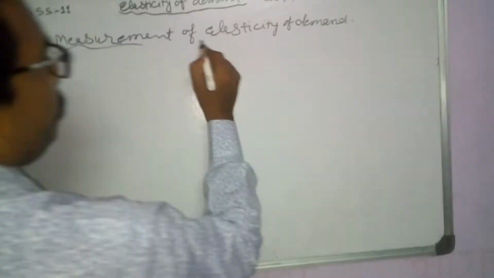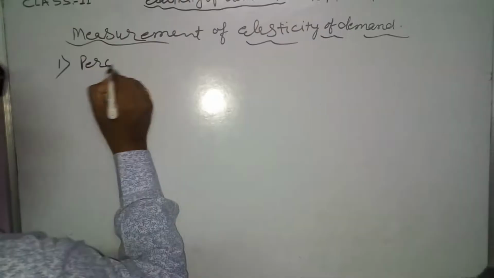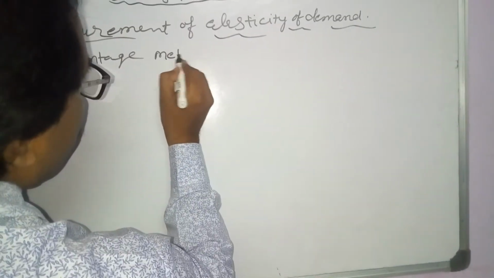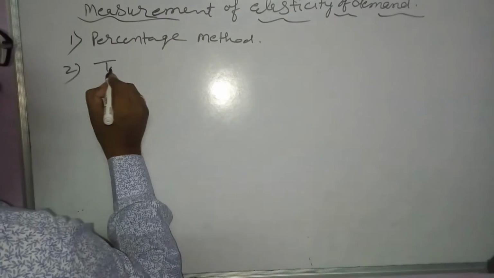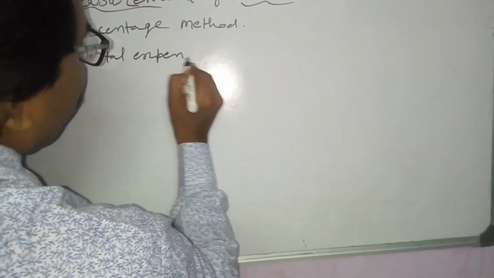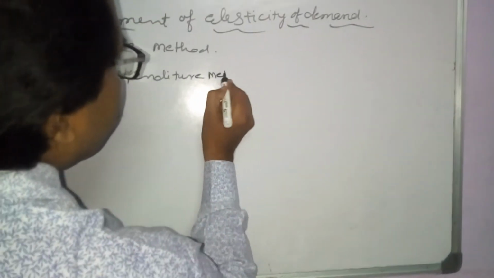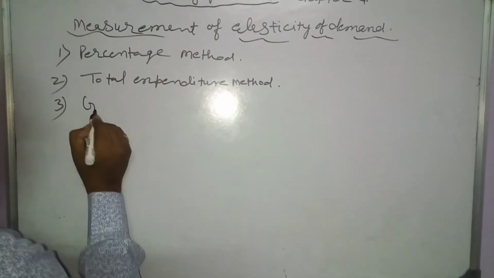So that is the measurement of elasticity of demand. It can be measured, first, by the percentage method. Second, the total expenditure method. And third, the geometric method.